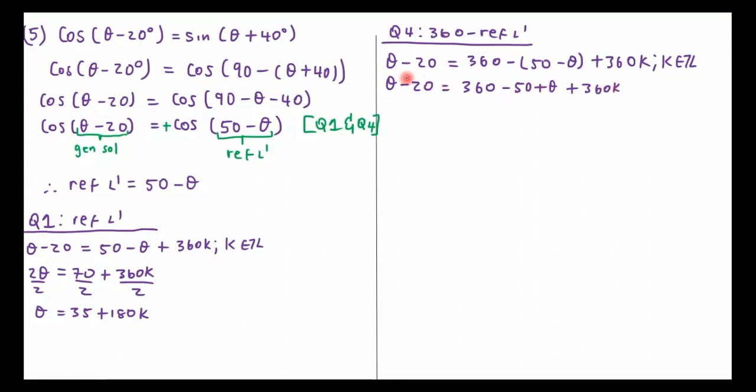Then I take the theta across, so I have theta minus theta on this side. On the other side, 360 minus 50 is 310, but then I take the minus 20 across, which gives me plus 20, plus 360k. And theta minus theta is 0, right?